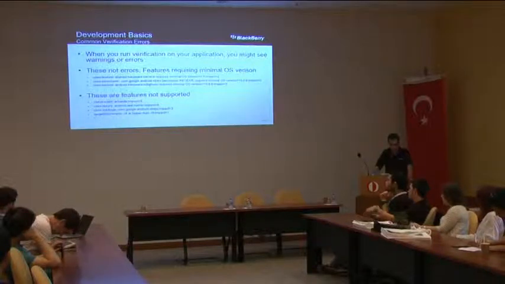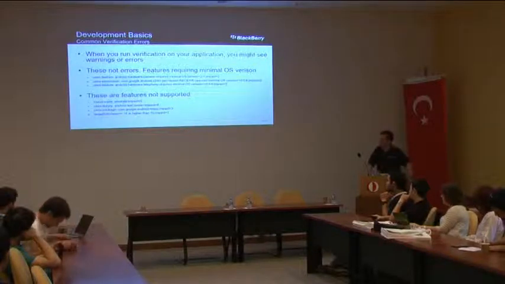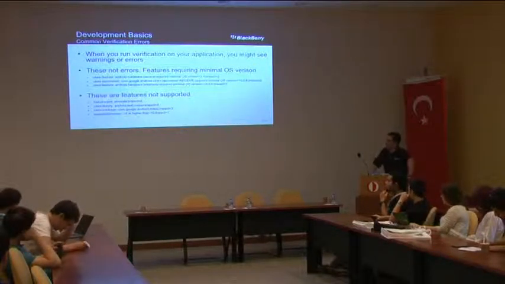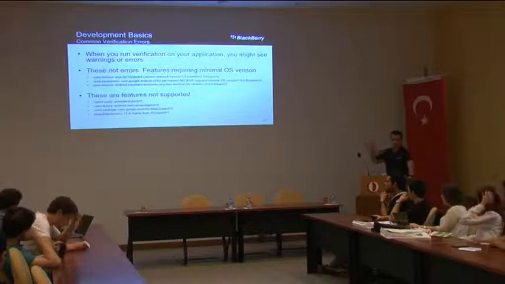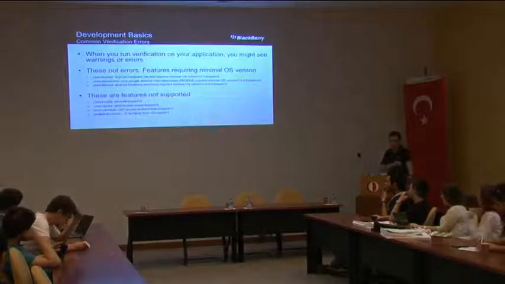There are also some warnings and errors that are not really errors. For example, the minimal OS version is usually not really an error; it's related to PlayBook and stuff like that.